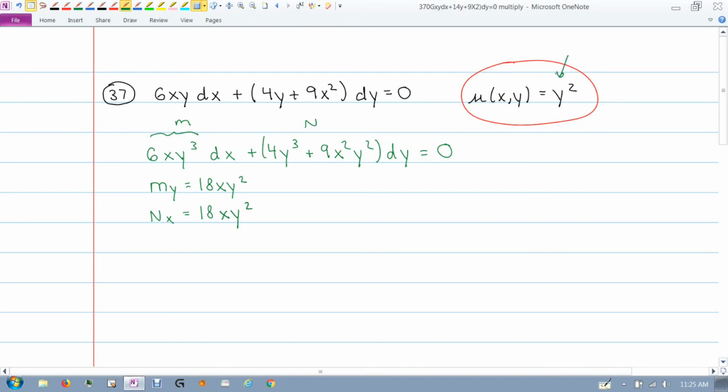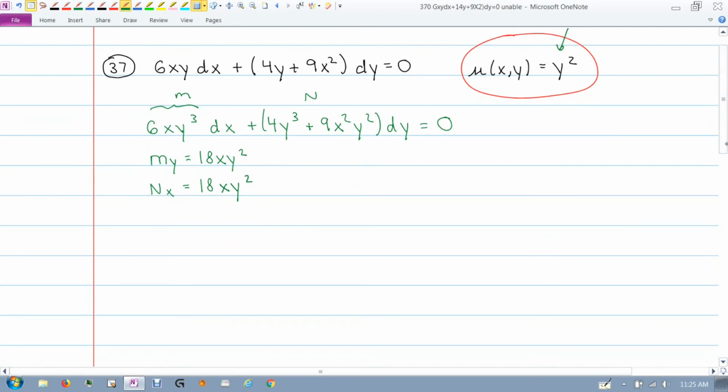clever y squared. Now let's actually find the solution to this. So what we do, go back to what we were doing before, and we will say that the partial of f with respect to x is M, so 6xy cubed. We integrate with respect to x, and we get 3x squared y cubed plus some possible function of y.